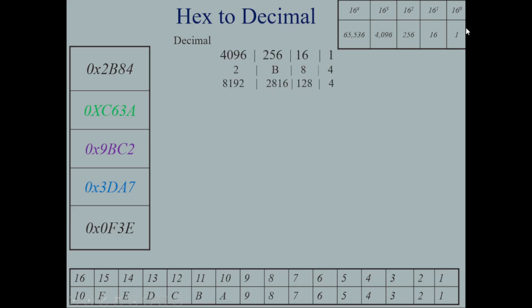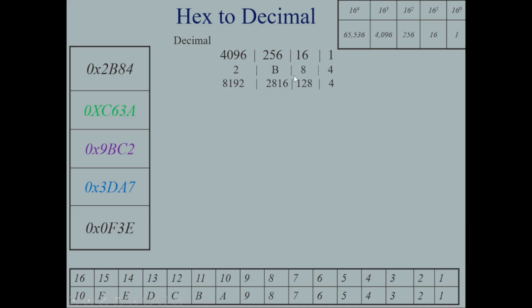So how does that work? Well, you take those groupings that we use in hex, and then you put the hex number underneath each one. And it's saying we have 2 groups of 4,096. Well, 2 times 4,096 is 8,192. B is 11. We have 11 groups of 256.